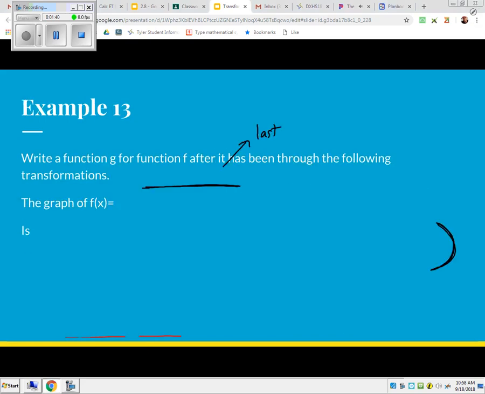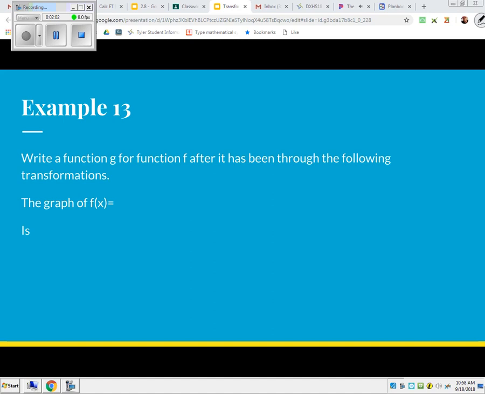So let's just come up with our own problem. It says write a function g for function f after it has been through the following transformations. So I need a parent function. Someone holler out a parent function for me. Cubic. Oh, cubic.